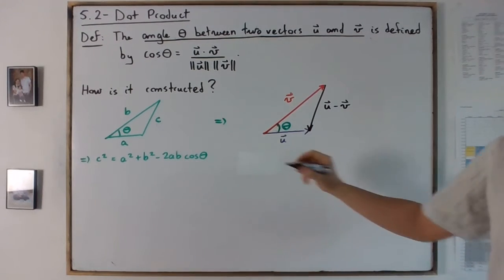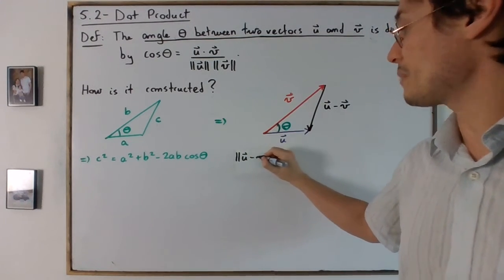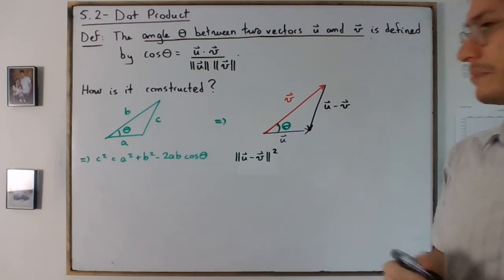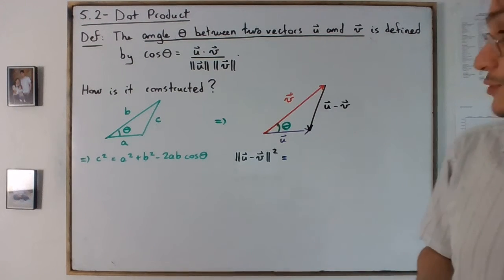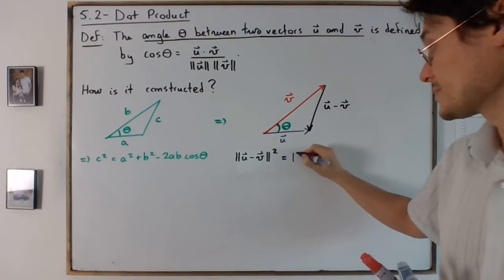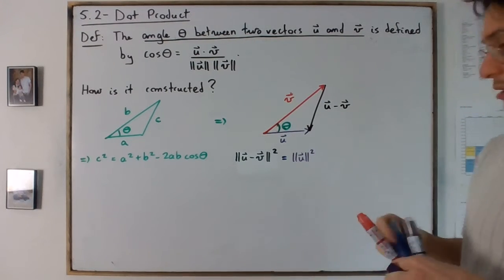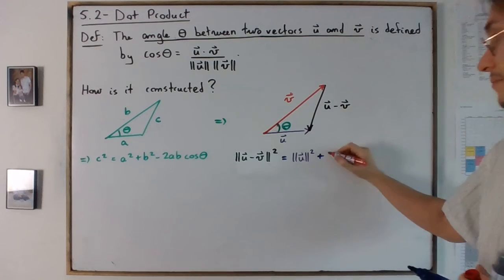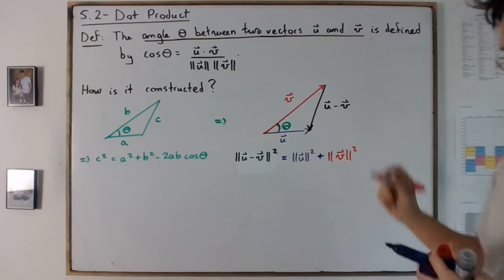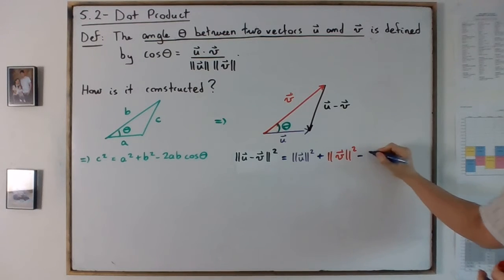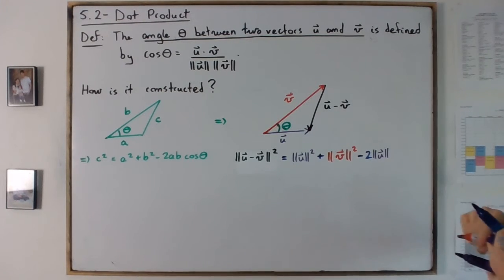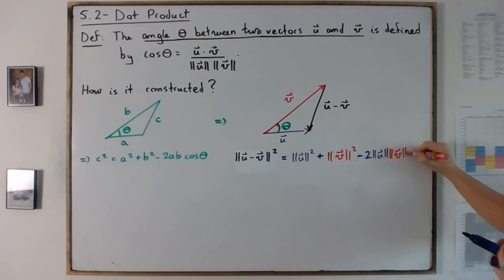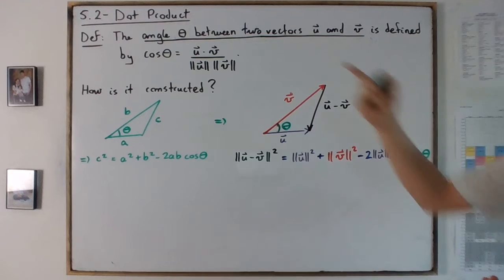We want the norm of u minus v squared to be equal to the norm of u squared plus the norm of v squared minus 2 times the norm of u, times the norm of v, times the cosine of the angle. So that's how we want to define this.